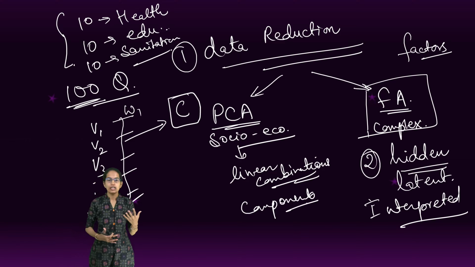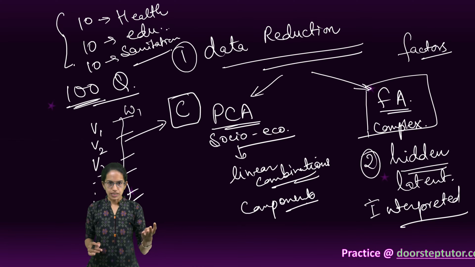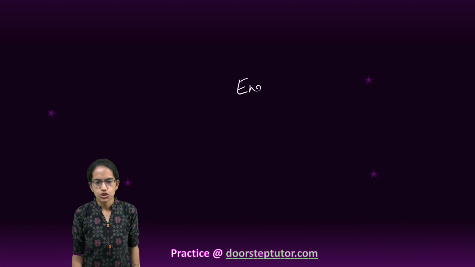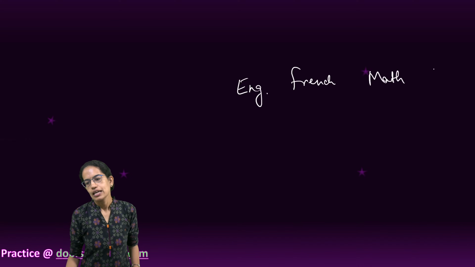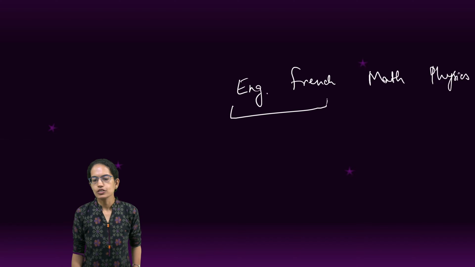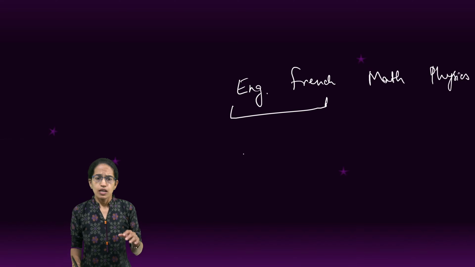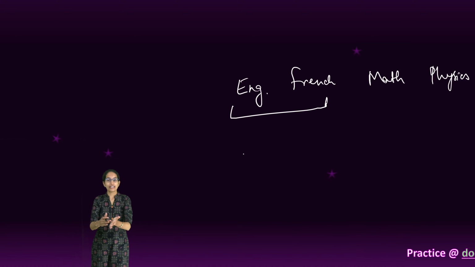So I give you a very simple example. I take 4 subjects. What are my subjects? My subjects are English, French, Maths and Physics. Now I say the child is good at English and French. If they are scoring good, you can say yes, the child is good at English, good at French.